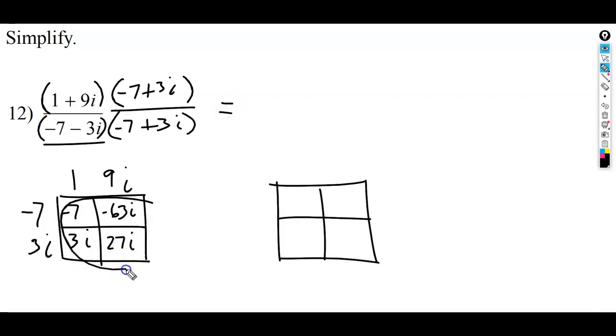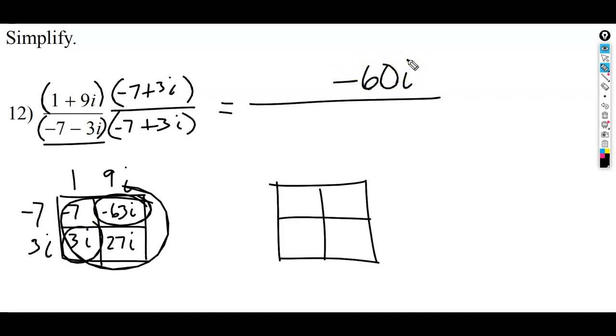But if you simplify this, -63 and +3 come out to make -60i for the imaginary part. Now this down here, this i squared is going to make the 27 a negative. So -27 with -7 is going to make -34. So that will be the numerator.